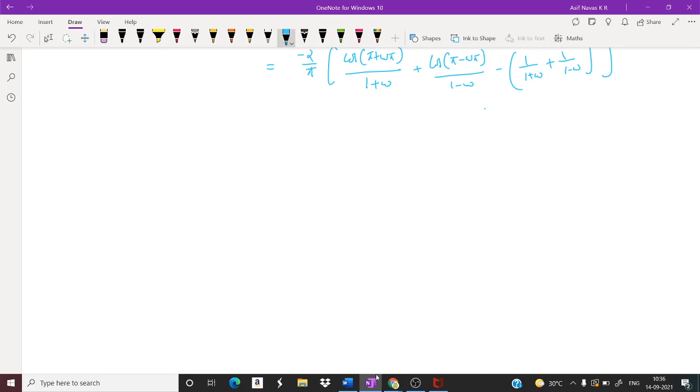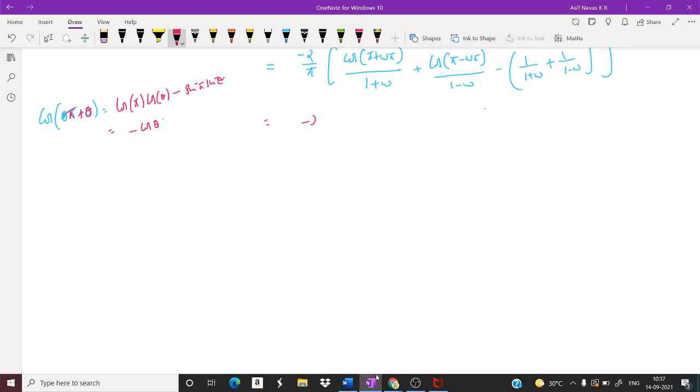Now, what is cos of pi plus theta? If you don't remember this, cos pi cos theta minus sin pi sin theta. So this is minus cos theta.